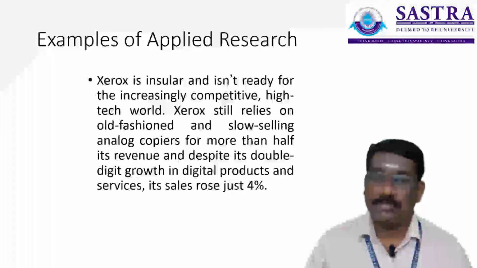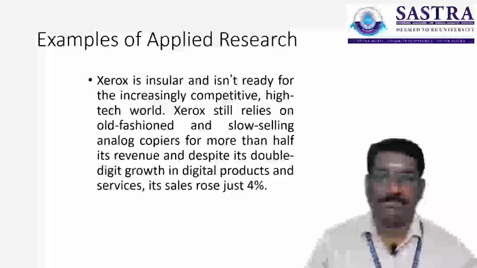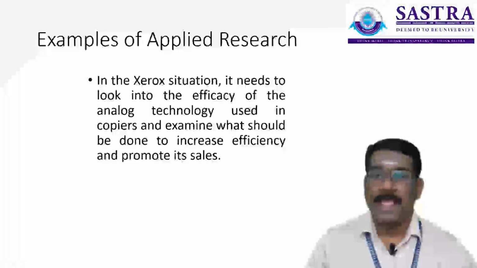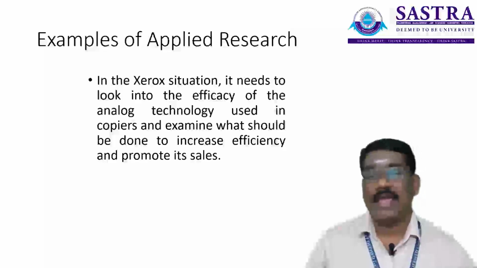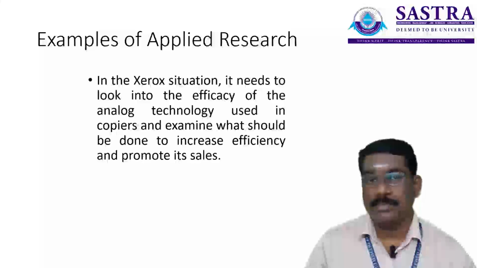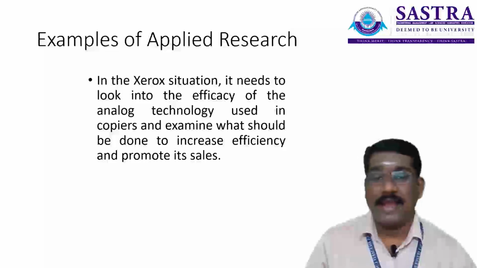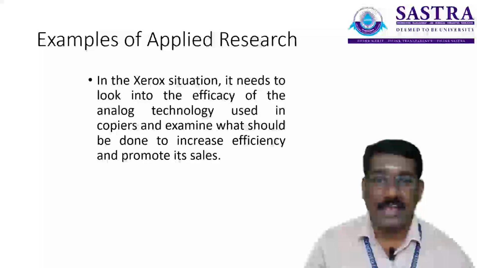We all know that digital technology is now dominating in this particular industry. Canon is doing better because of digital technology. In the Xerox situation, it needs to look into the efficacy of the analog technology used in its copiers, and the competitor Canon is doing that, and examine what should be done to increase efficiency and promote its sales.